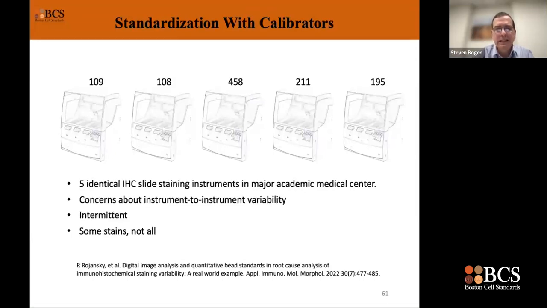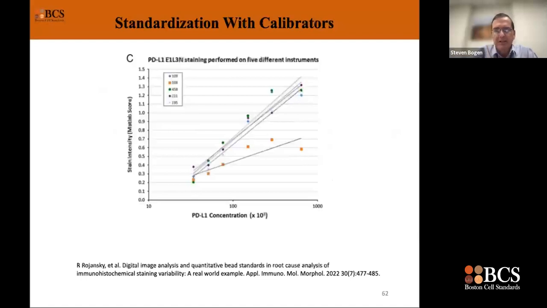The instrument designations are listed at the top. These designations are derived from the last 3 digits of the instrument serial numbers. The graph here shows the analytic response curves on a semi-log graph. Stain intensity of each of the 5 instruments, with the serial number designations in the legend, is graphed as a function of PD-L1 concentration.